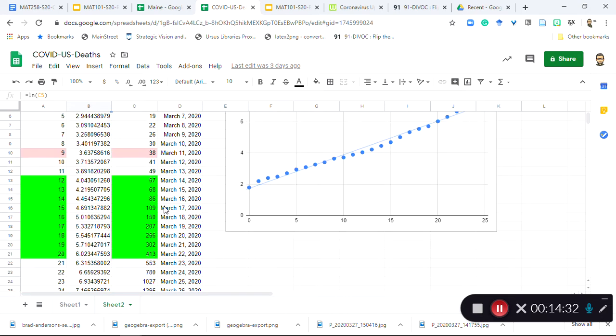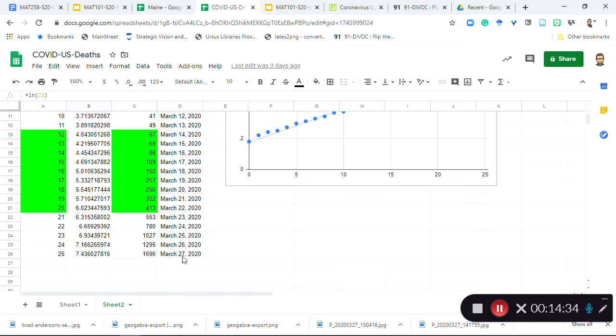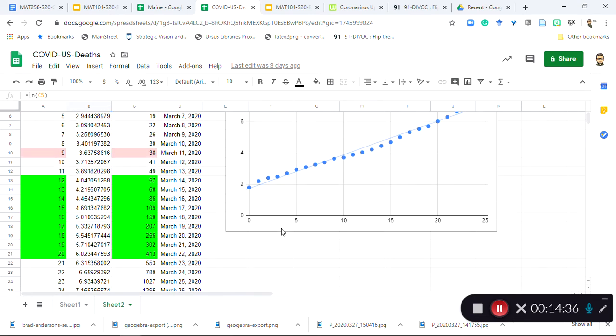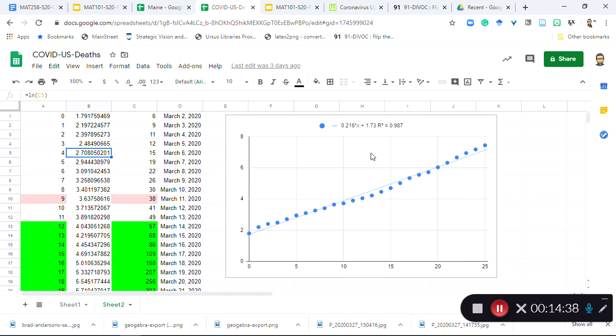And I stopped putting data in here on the 27th of March. And so when I graphed this data, and I showed you not quite this graph, I showed you the curve, but this is that straight line model, that linear regression.